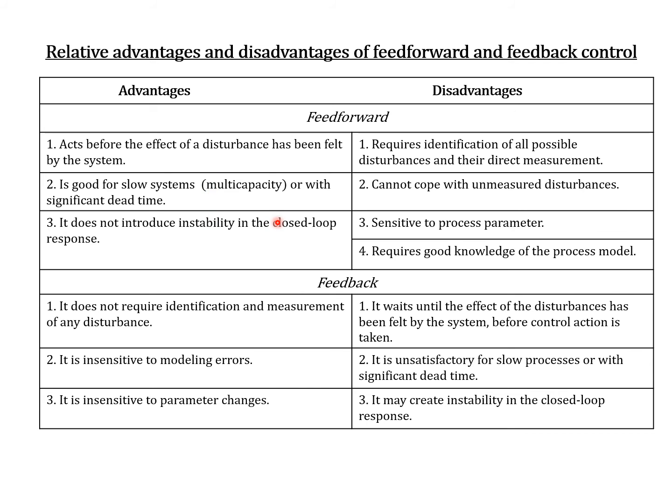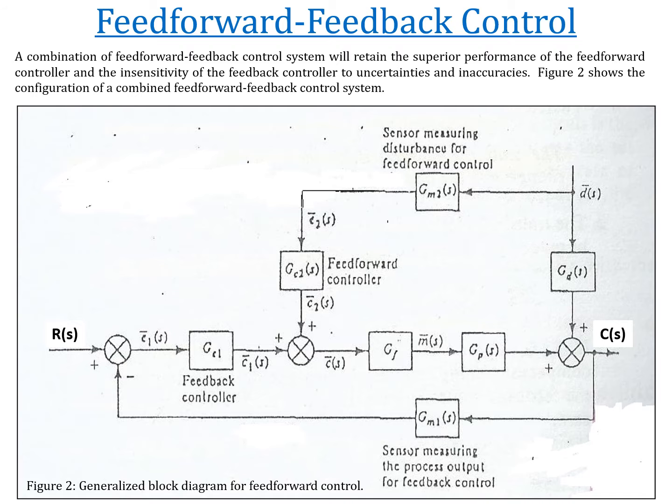At the same time, we also have the effect of the feedback that is not sensitive to modeling errors and parameter changes, so it can still be robust enough to cater for different types of system. So in many cases, the best is to combine them so that we can take the advantage of both controllers, and then we can design in such a way.